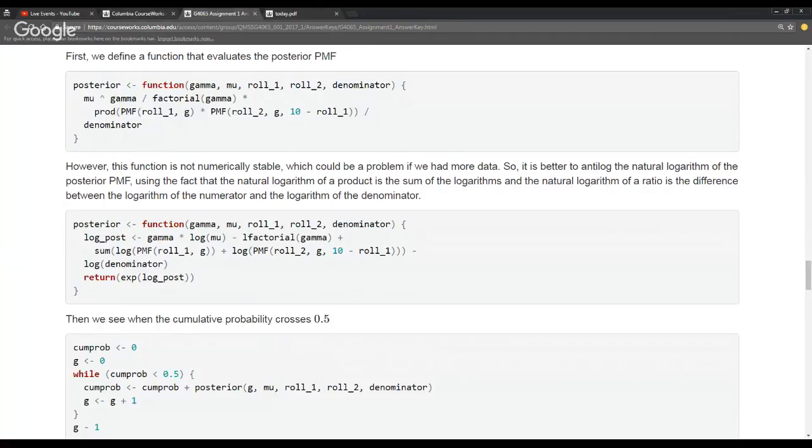So we can get a log posterior by taking gamma, multiplying it by the logarithm of mu, subtracting the log factorial, which has a special function in R that implements that. And then rather than a product over the 9 frames, it's a sum over the 9 frames of the log probability of the first roll plus the log probability of the second roll. So we get this and then subtract the log of the denominator finally there. So we pretty much get the same thing, but in log units, which a computer is going to be able to evaluate much more accurately.